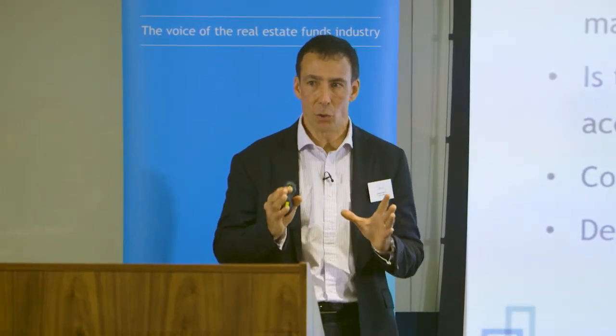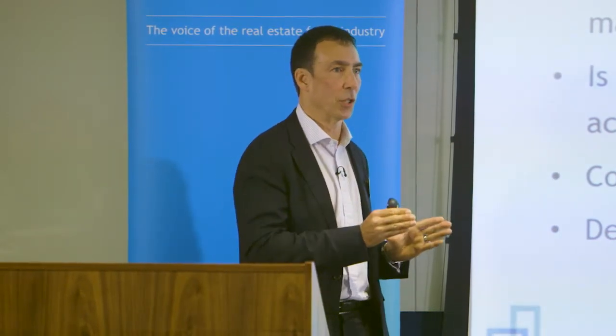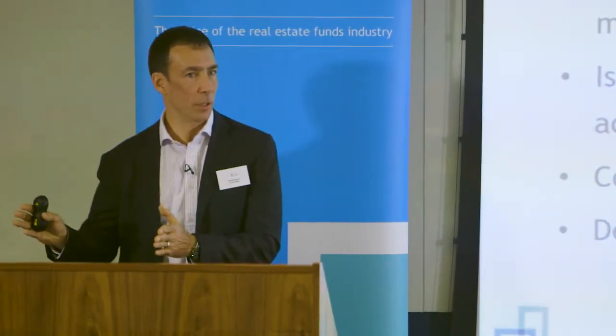Is the structure acceptable and familiar? Patrick is going to cover a lot about entities and domiciles and all these sorts of things. Again, you're going to have enough difficulty trying to sell your idea and strategy. What you don't want is to also have to justify the packaging of what it looks like.